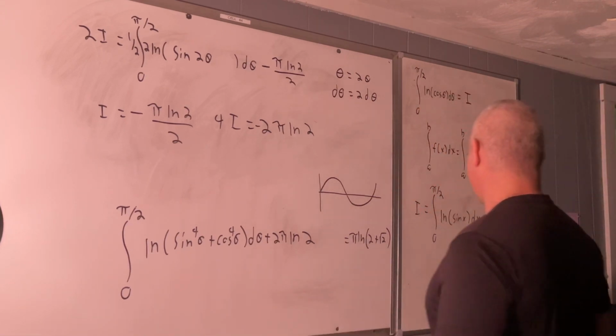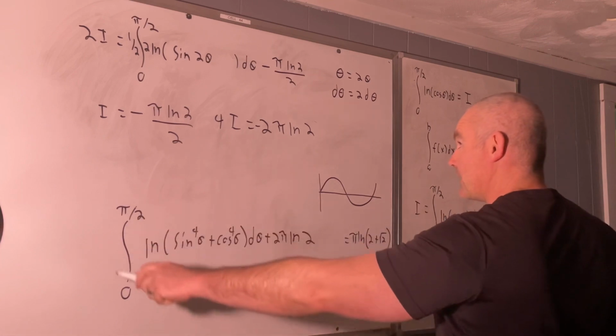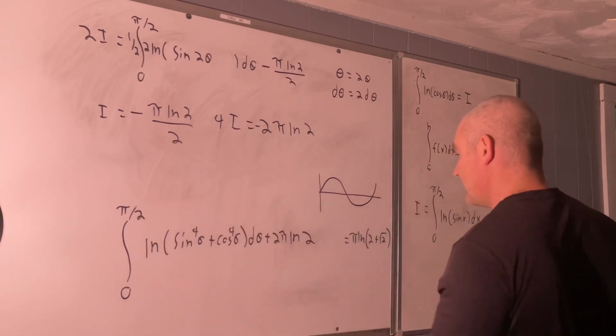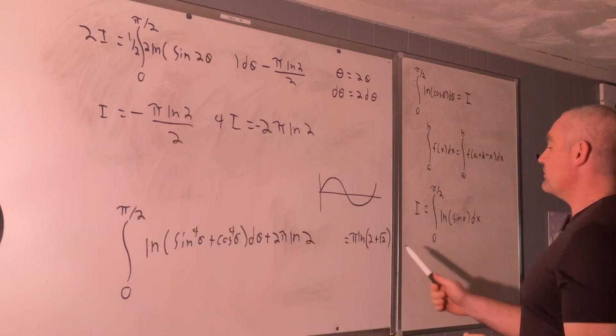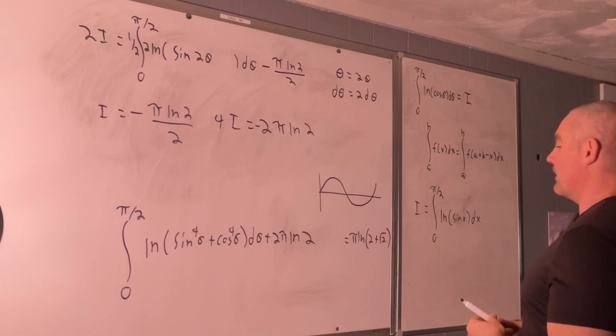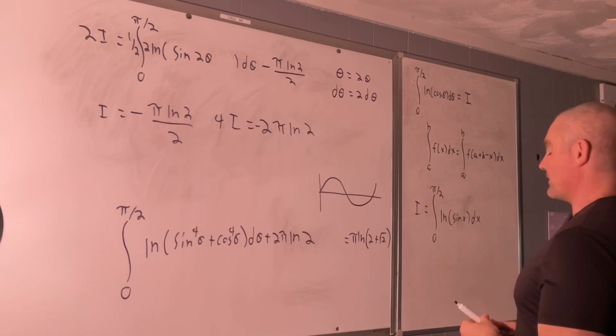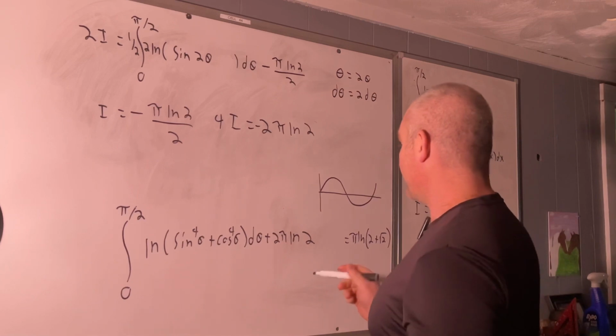So now we basically have it. We have that this integral right here plus 2 pi natural log 2 is equal to pi natural log of 2 plus the square root of 2. So let's just do some algebra.